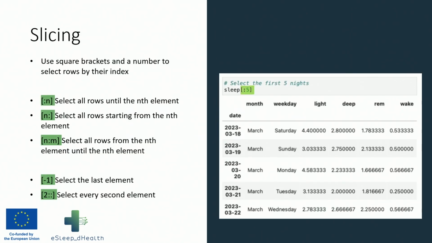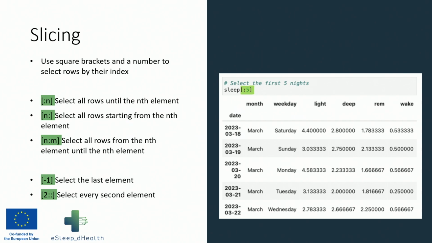Okay, a bit similar, but now we're talking about the rows, is the slicing. Slicing means we want to select certain rows in the data frame, and we select those rows by their index. In the example, you can see sleep, open bracket, colon 5 and the closing bracket.